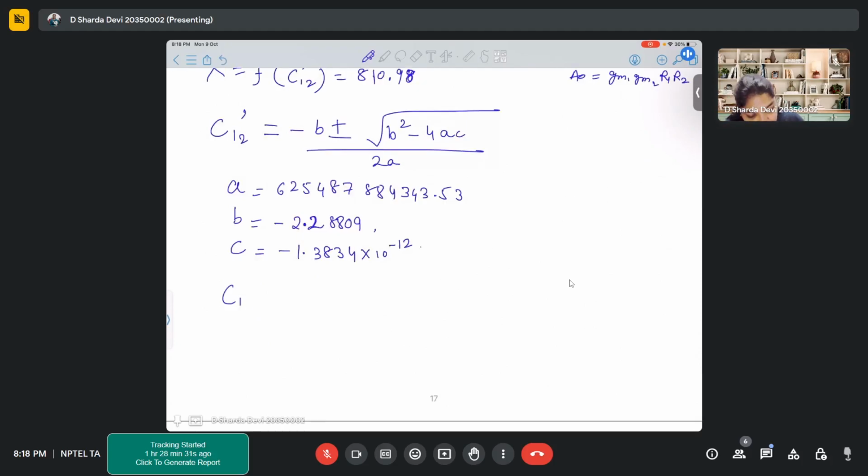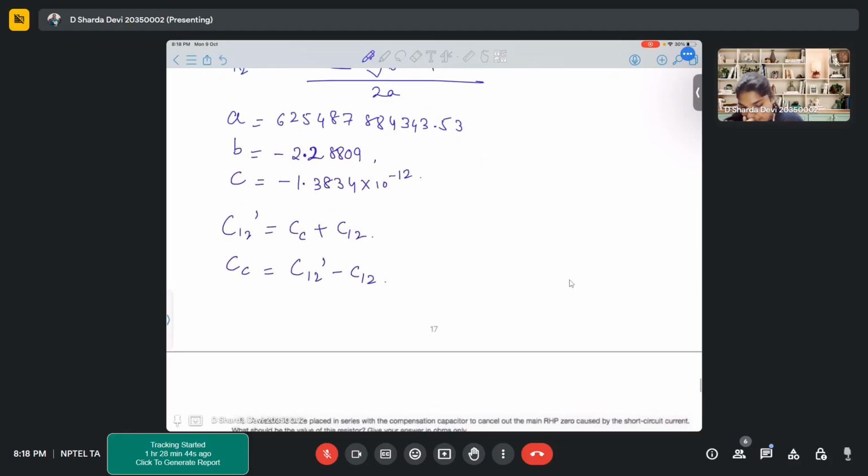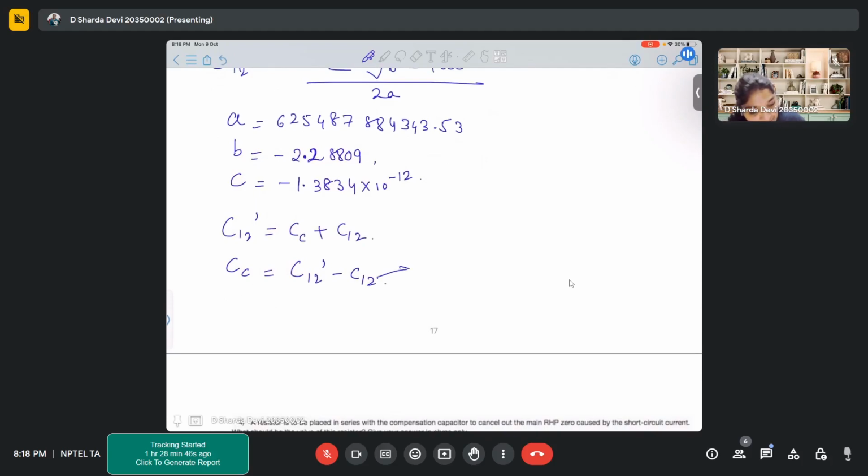Here the C1 dash is CC plus C12. So the CC will be C1 dash minus C12, and this is given in the problem.